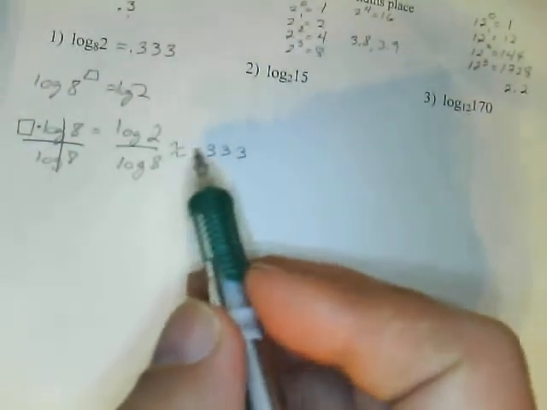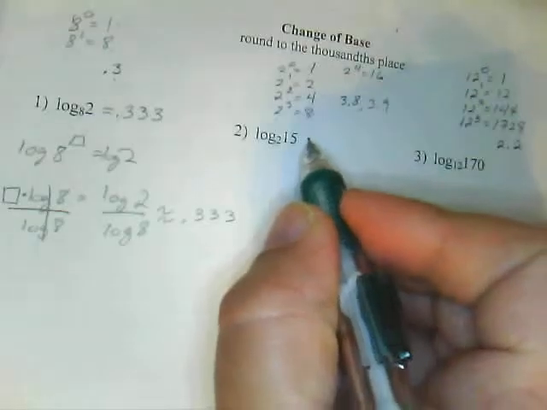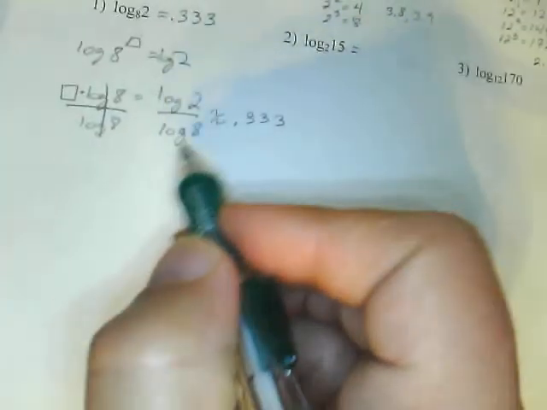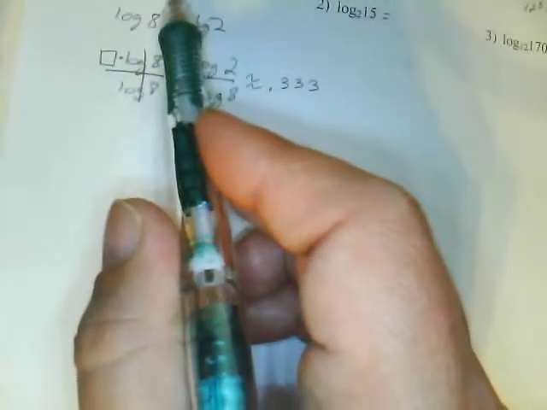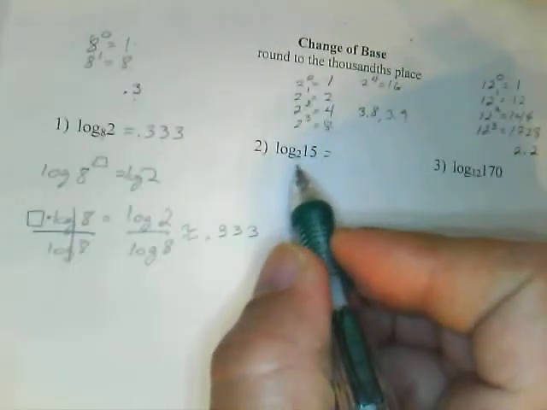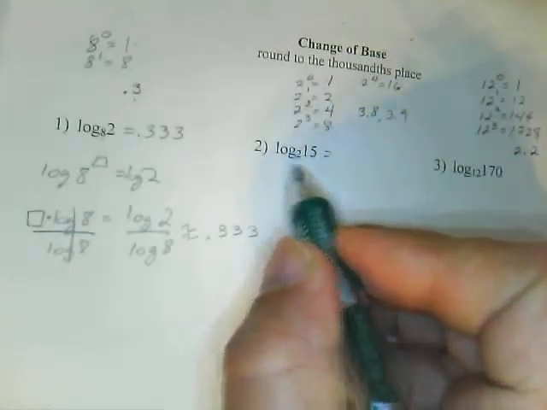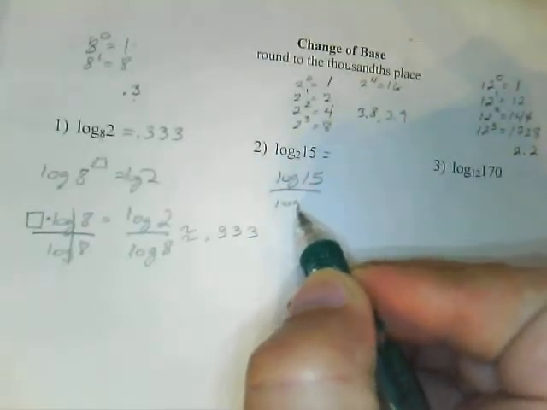Now, skipping a lot of this, I am going to do log base 2 of 15. The change of base refers to doing this operation right here. Notice the number on top is on top, the number on the bottom is on the bottom. So I'm going to be doing the log of 15 divided by the log of 2.